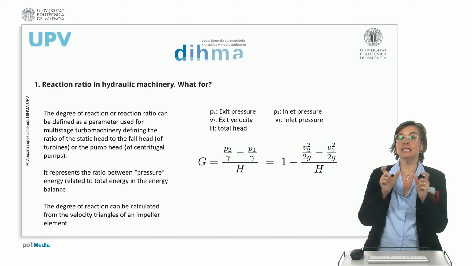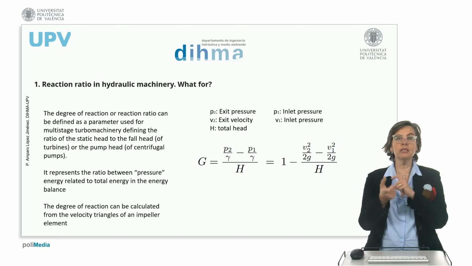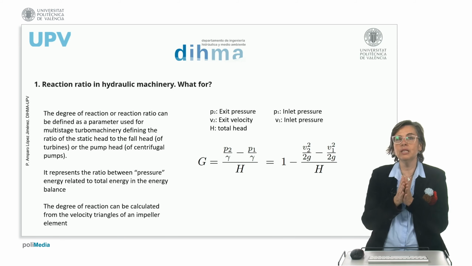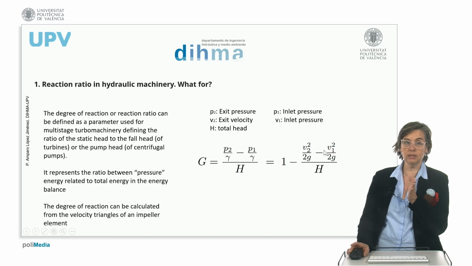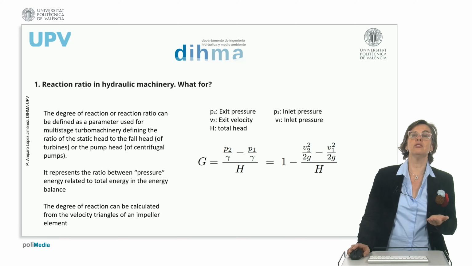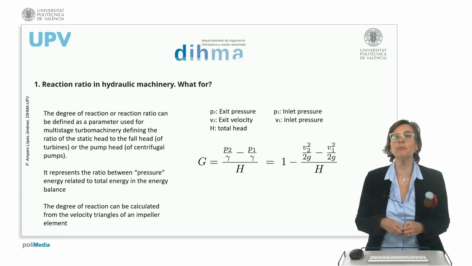As the static pressure and the dynamic pressure are complementary, we can have two definitions of this degree of reaction, directly related to pressure or indirectly related to velocities. So it depends on the velocity triangles and the transformation inside the impeller.